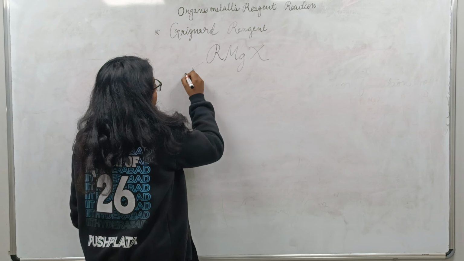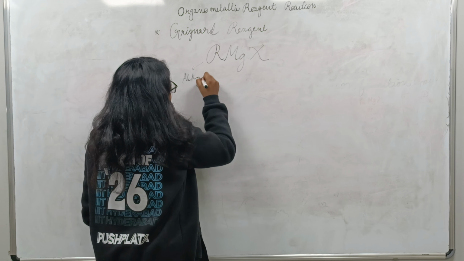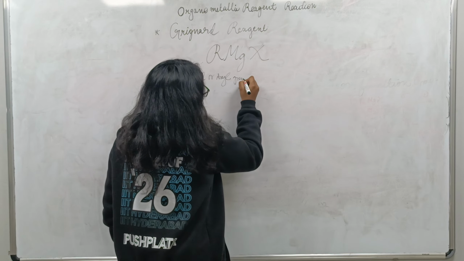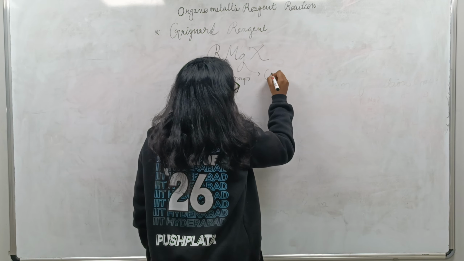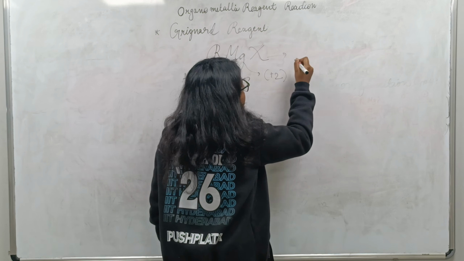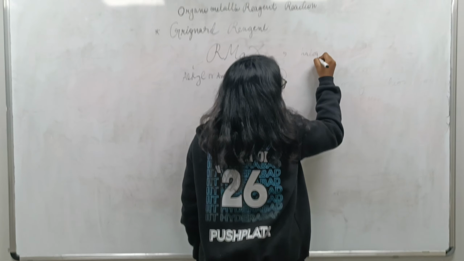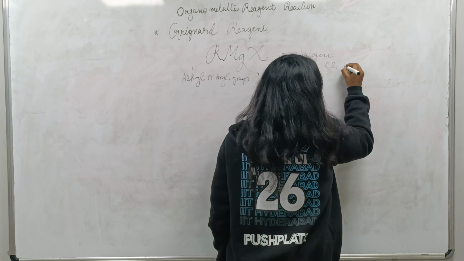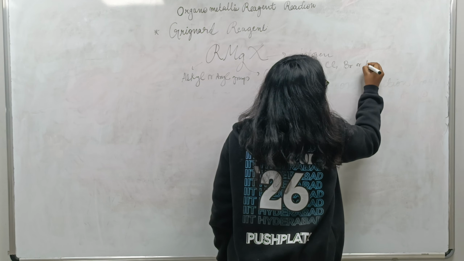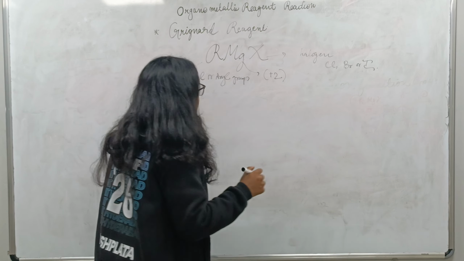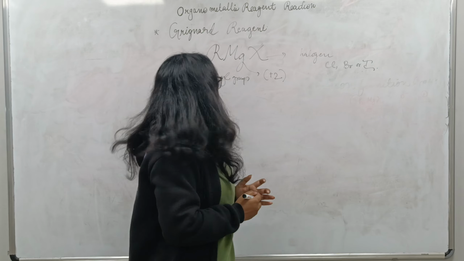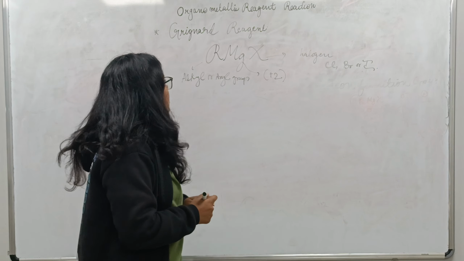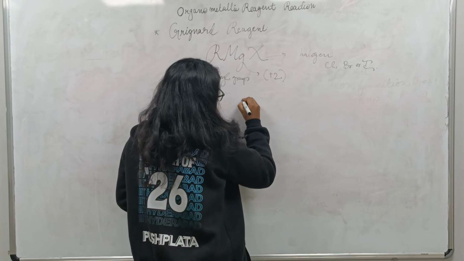R is any alkyl or aryl group, magnesium is in +2 oxidation state, and X is any halogen, mainly chlorine, bromine or iodine. First I would like to discuss its preparation, and then we will come to the reaction part.